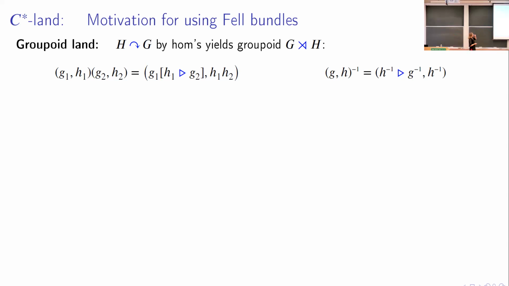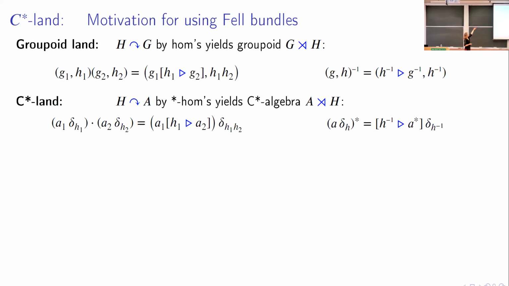Okay, we all know how to turn this definition into a C-star algebraic definition. This time I assume my group or groupoid H acts on a C-star algebra A by star homomorphisms, and I get a new C-star algebra, the cross product. And so if everything's discrete, I can think of this as being generated by point masses times elements of A. And I really just copy paste the formula, right?